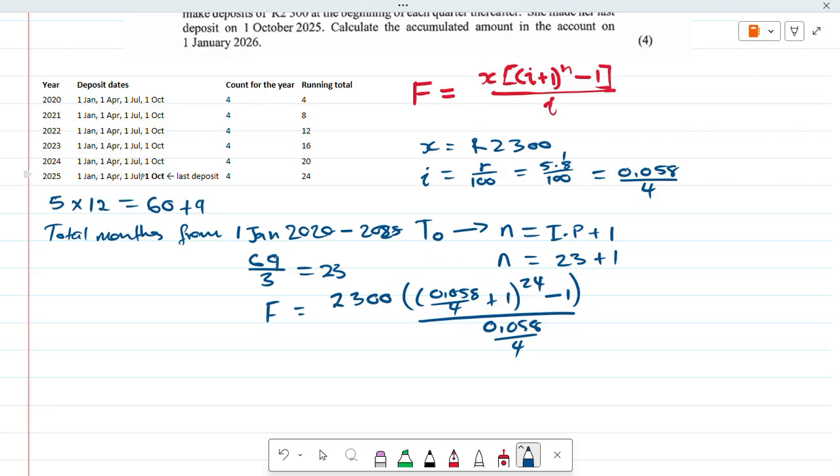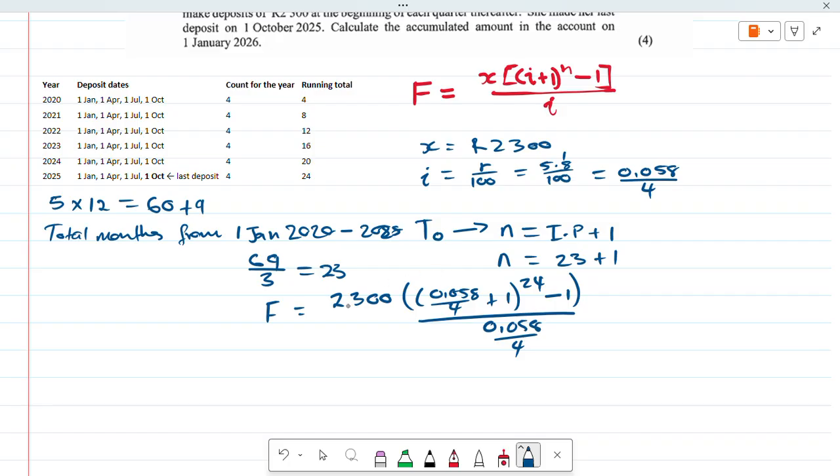That's going to be the value accumulated on the 1st of October. That's not the value accumulated on the 1st of January 2026. So to find the value accumulated on the 1st of January 2026, this is what you need to do.